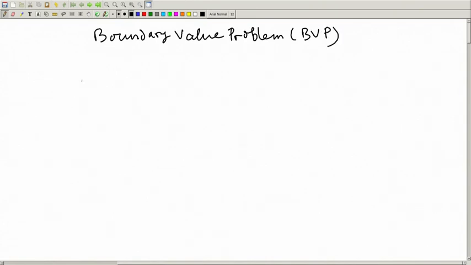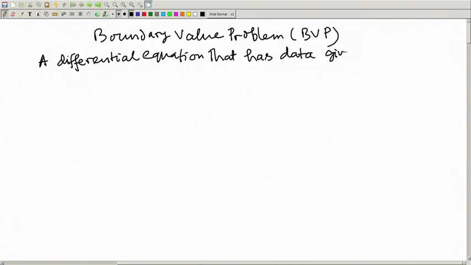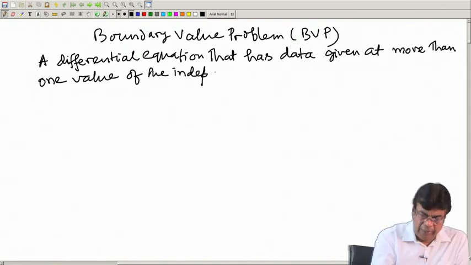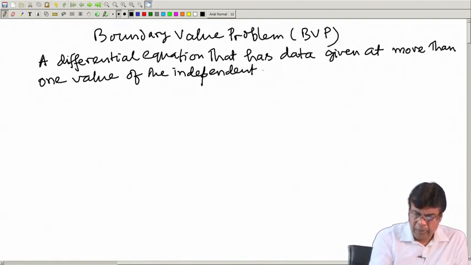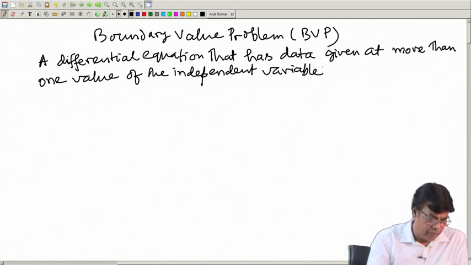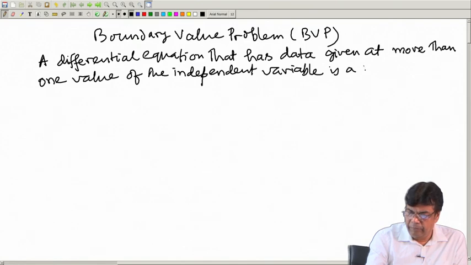A differential equation, which can be an ordinary differential equation or partial differential equation, that has data given at more than one value of the independent variable is a BVP.